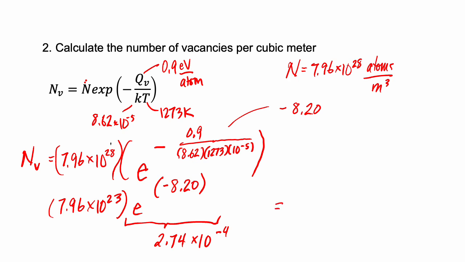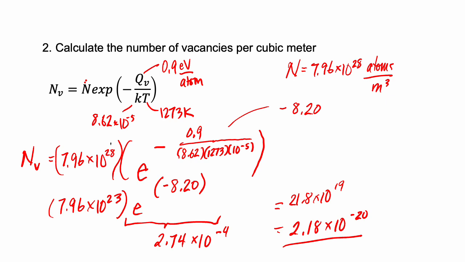And so my number of vacancies per cubic meter is going to be 2.74 times 7.96. That's 21.8 times 10 to the 23 minus 4, 19, which is 2.18 times 10 to the negative 20.